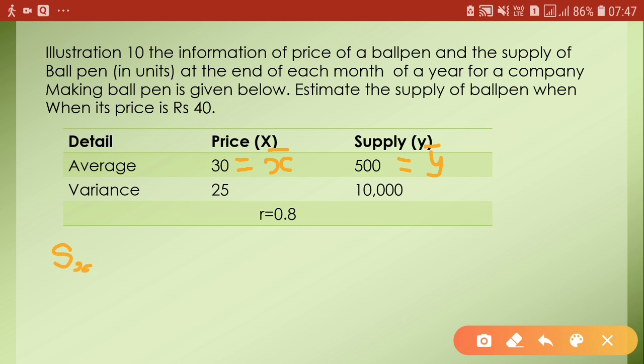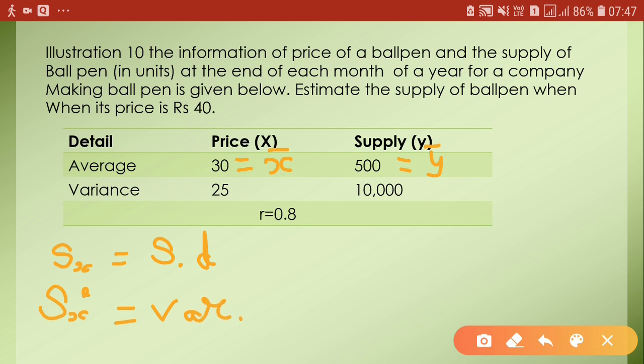If it's Sx, then it is known as standard deviation, and if it is Sx square, then it is known as variance.